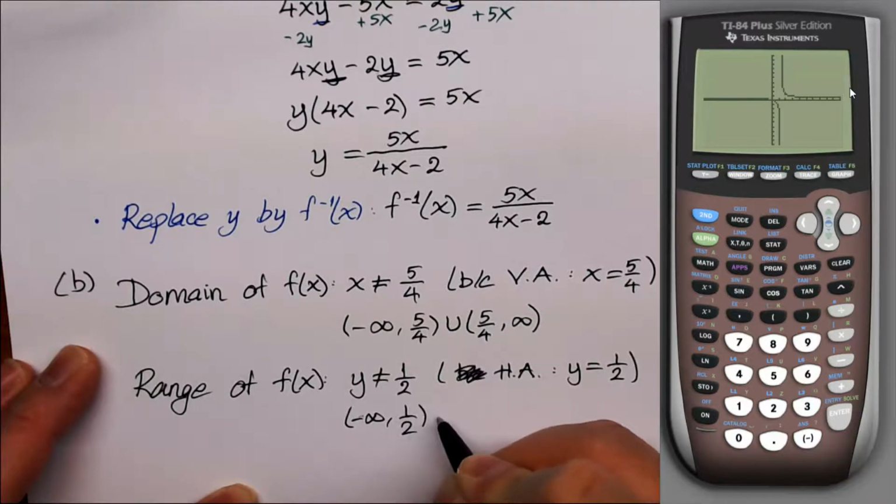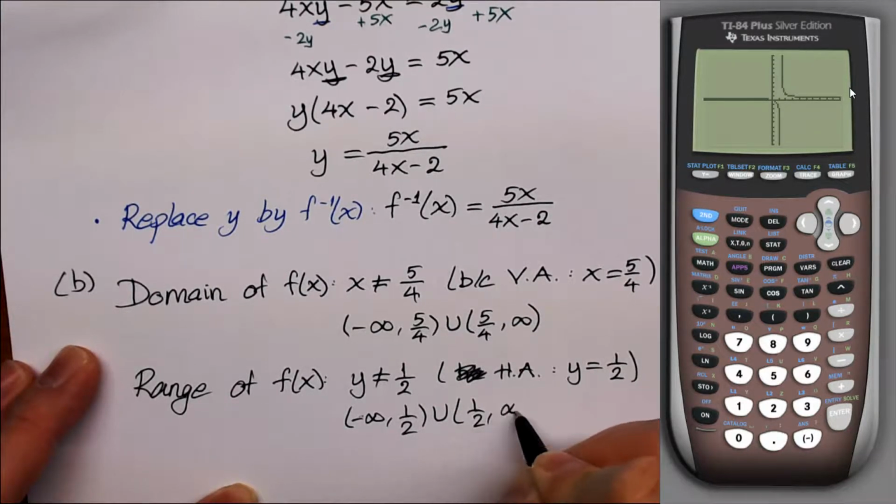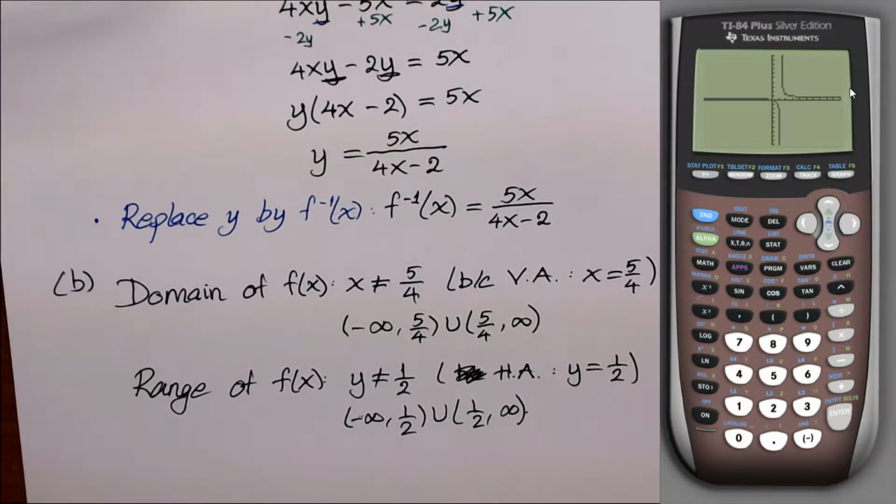So if I graph 2x divided by 4x minus 5, we see the graph. We will graph the inverse later, but now since we see that, we should write the domain and range.